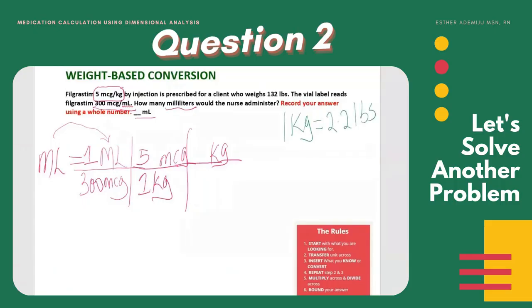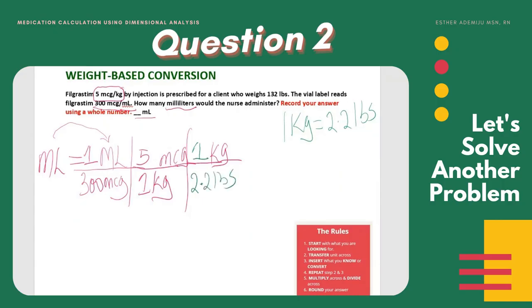So that's our magic conversion that we're going to insert into this box right there. So we're going to insert it: 1 kilogram equals 2.2 pounds. Beautiful.